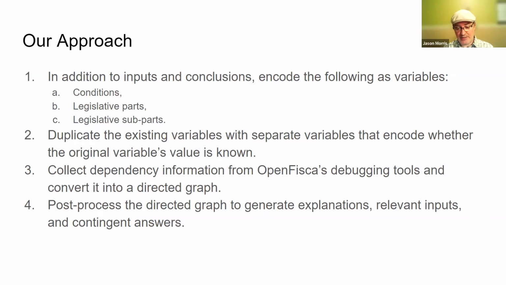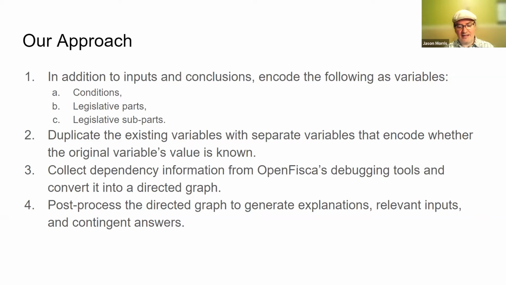The second thing we had to do is take all of those variables and duplicate them in a completely separate set of variables. Those variables were just for keeping track of whether or not we actually knew the value of the first set. And third, we had to use OpenFisca's debugging tools to steal enough information about how these variables related to each other in a calculation in order to come up with explanations.